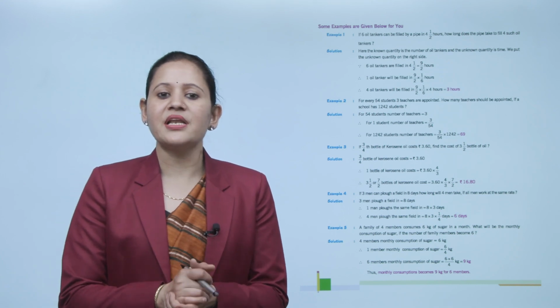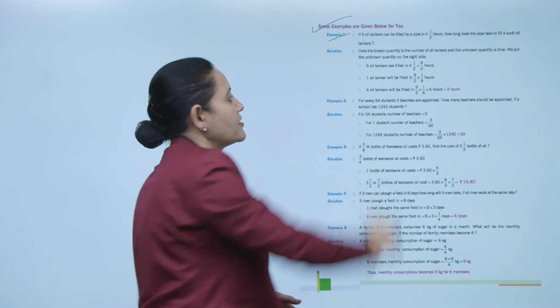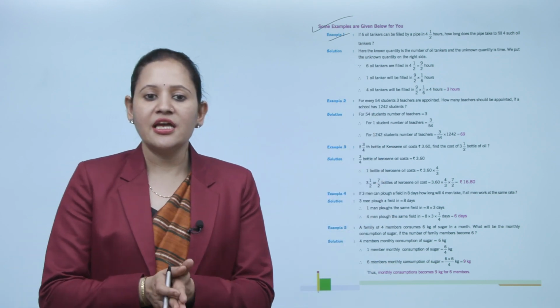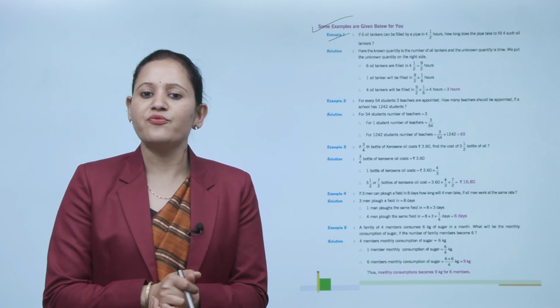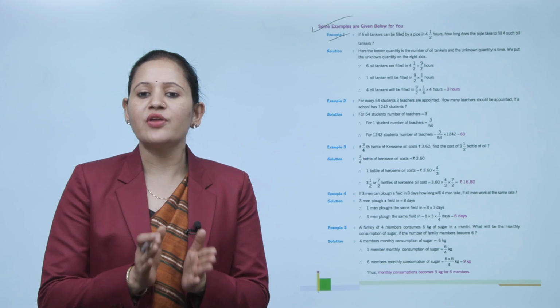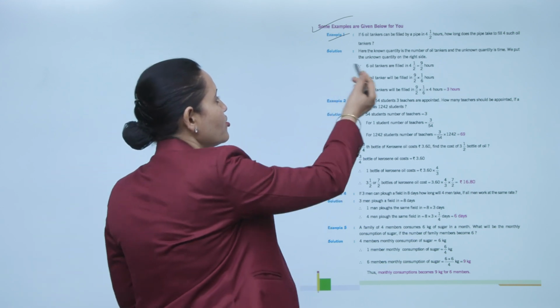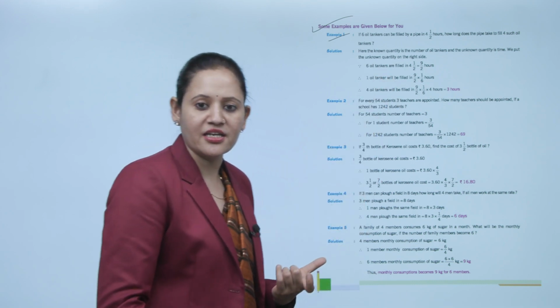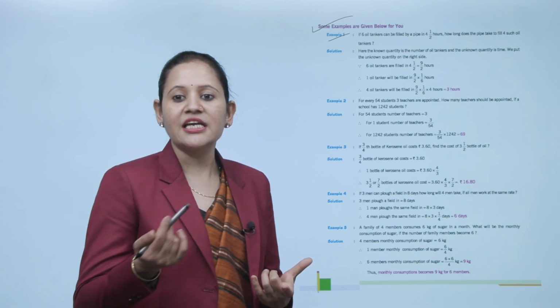Next, some examples are given below for you. If 6 oil tankers can be filled by a pipe in 4 1/2 hours, how long does the pipe take to fill 4 such oil tankers? Solution. Here, the known quantity is the number of oil tankers, and the unknown quantity is time.